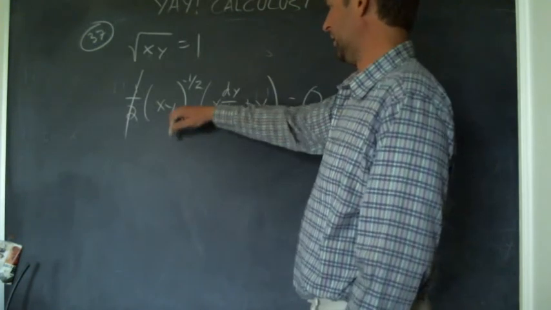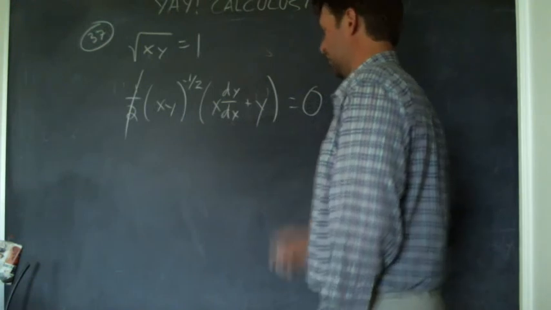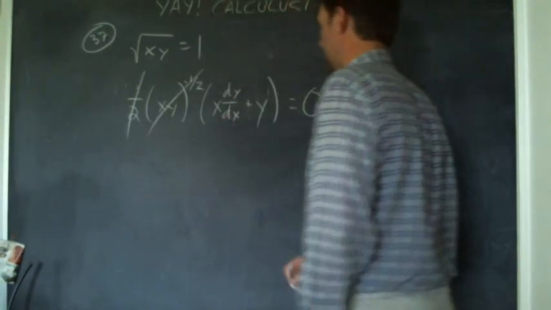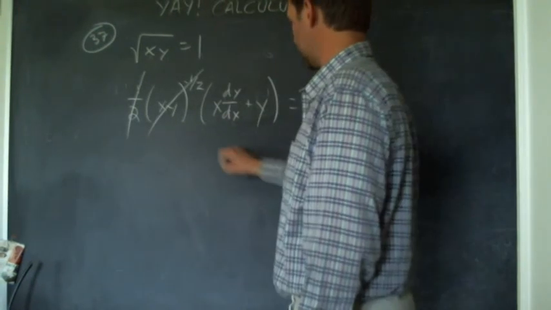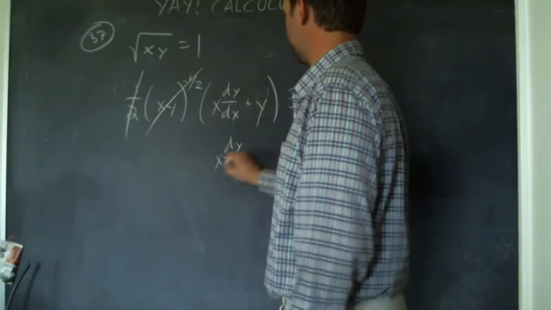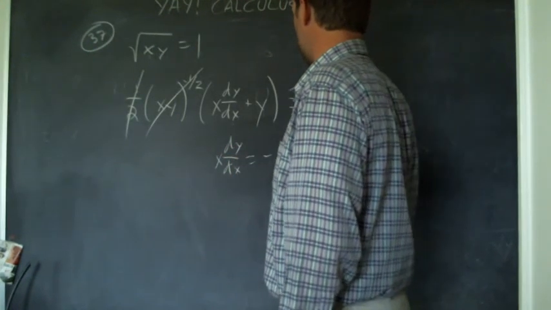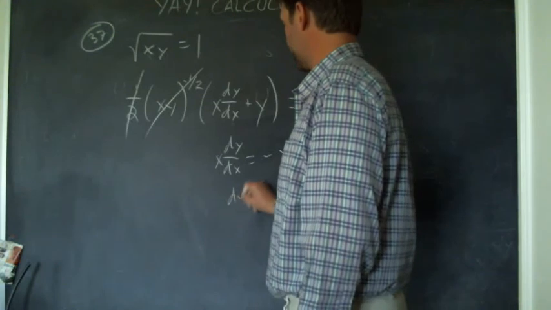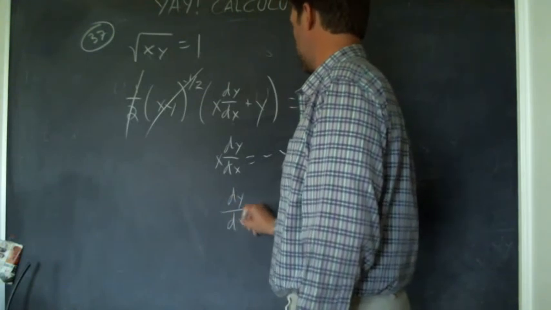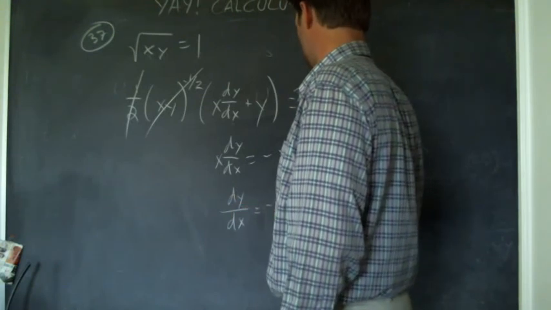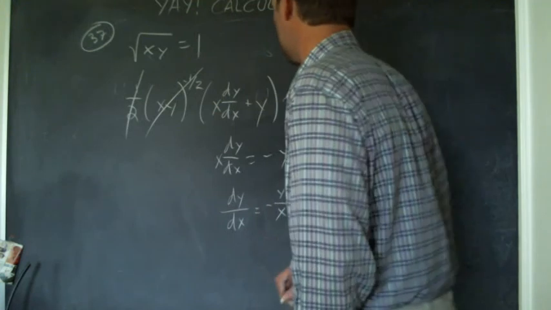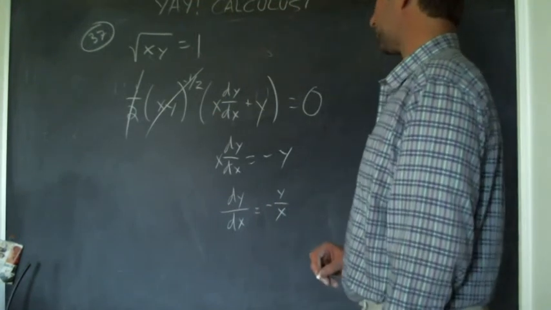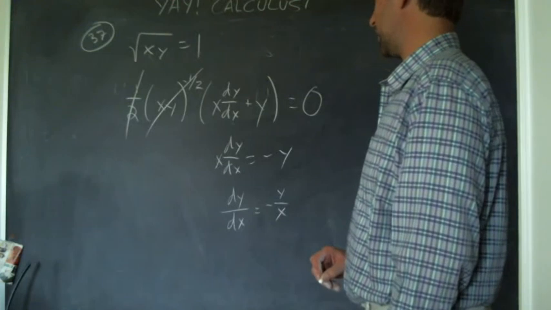Multiply both sides by square root of xy. That can also go. Well, now we're left with this. That means x dy dx is negative y, so dy dx equals negative y over x. I'm reasonably at home with that.